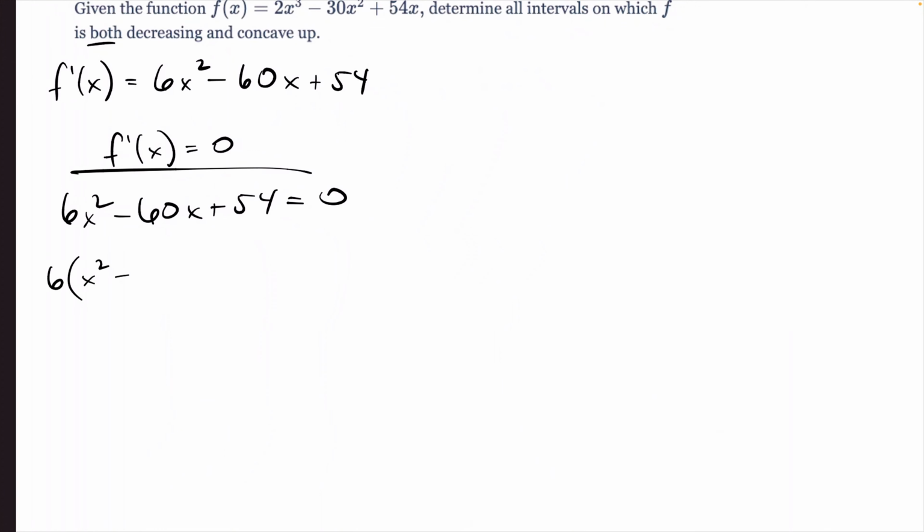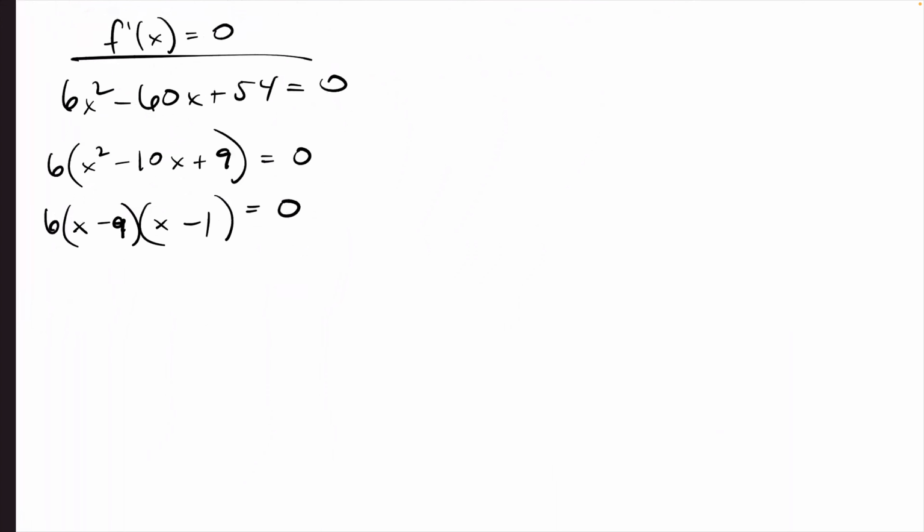Guys, don't plug in 1. Oh no, we plugged in 1. So a little bit of mental math: what multiplies to be 9 but adds to be negative 10? There you go, -9, -1. So we're going to get +9 and +1. These are critical values.